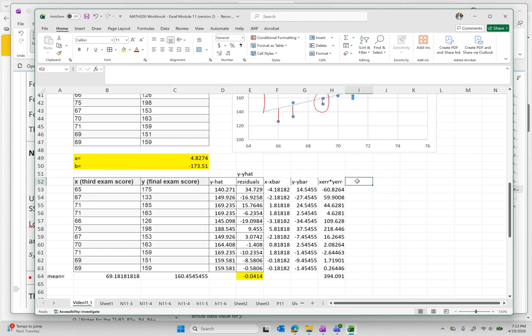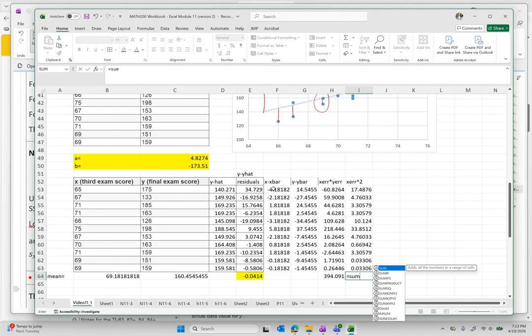And then for the denominator, I need to do x errors squared. So that will equal the x errors when you square them. And then after I find all those, I have to add them. So equals the sum of those values.